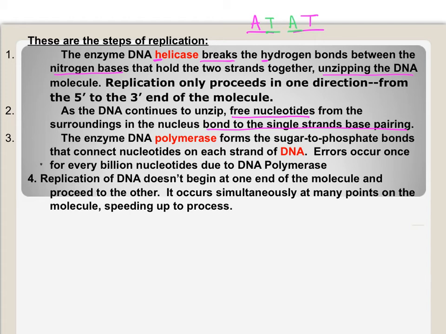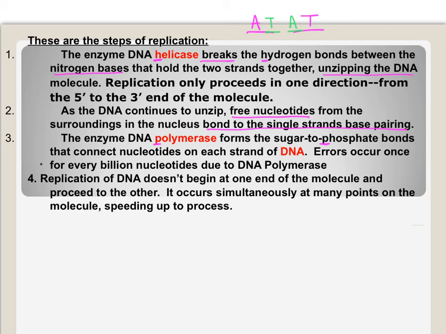And you can see eventually this is going to give us 2 DNA molecules. Then you have DNA polymerase, which is another enzyme. DNA polymerase comes along and makes these sugar phosphate bonds, okay? So again, P goes with P. Polymerase makes the phosphate and sugar bonds, connecting the rails on the ladder.